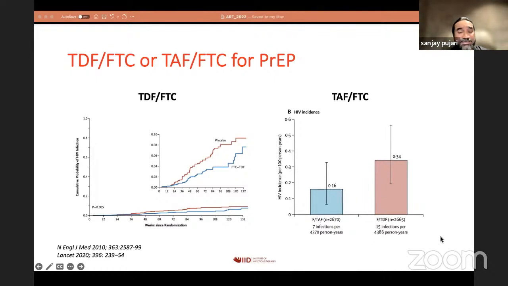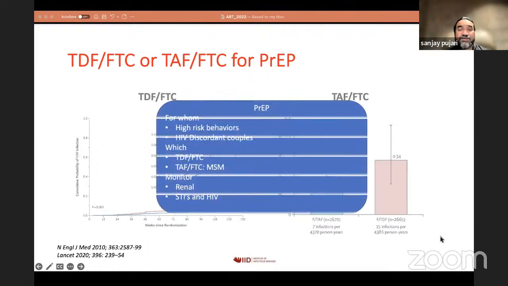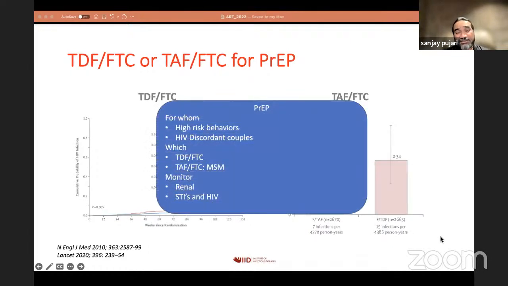So PrEP in our own clinical practice can be offered to individuals who report high-risk behaviors to us, particularly in STI clinics, and also HIV serodiscordant couples in which the partner has recently started ART, and it would take about 8 to 12 weeks for the viral load to go undetectable. So the serodiscordant partner can take PrEP during this brief period till the viral load goes undetectable.